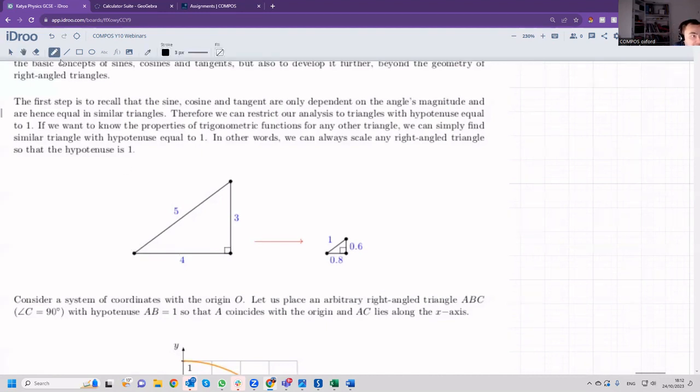So for example, here, if you take this angle, let's call this angle theta, and call this angle theta, we can say sine theta is equal to 3 over 5. And here, sine theta is going to be 0.6 over 1, which is also the same as 3/5.